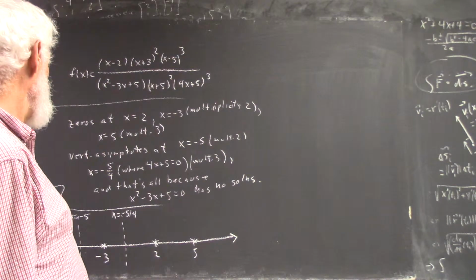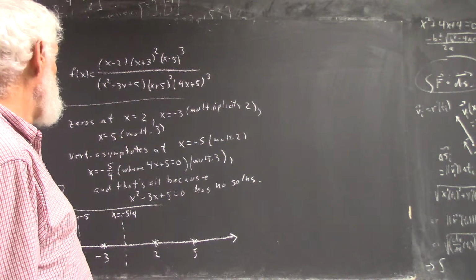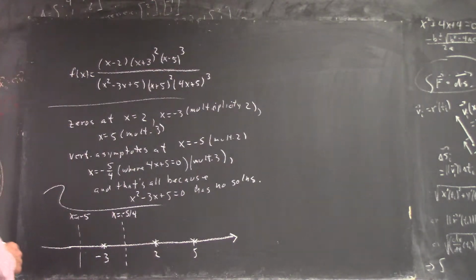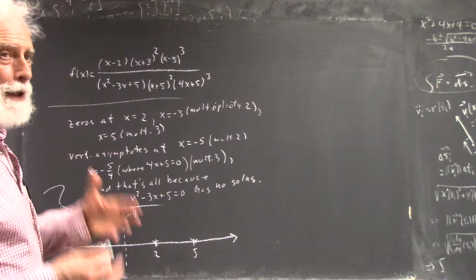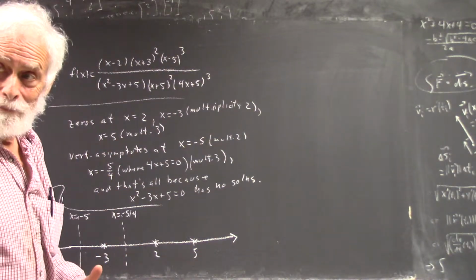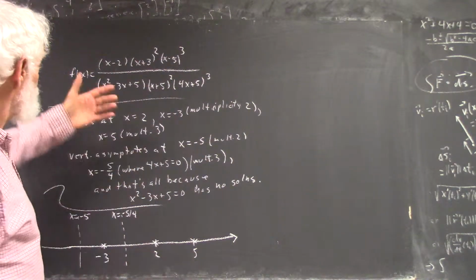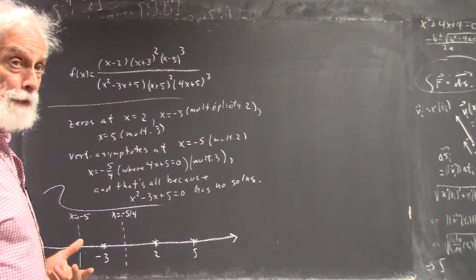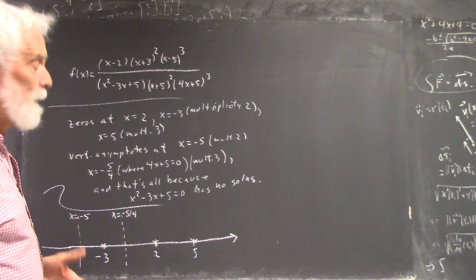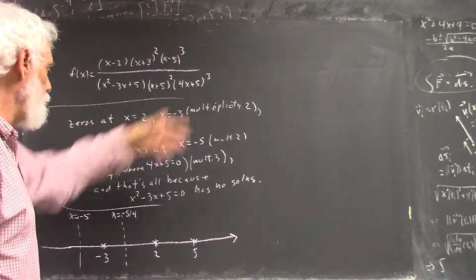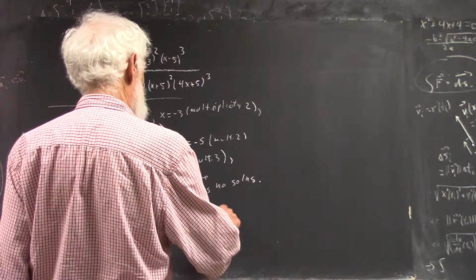Did I add that up right? I think I did. That's unfortunate. Okay, anyhow. If x is a big number, then this just acts like 1 over x to the 7th. Well, if x is a big positive number, all these are positive, so it's positive over here.